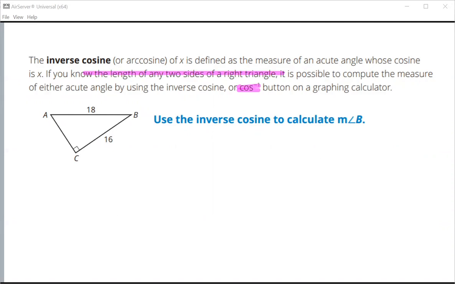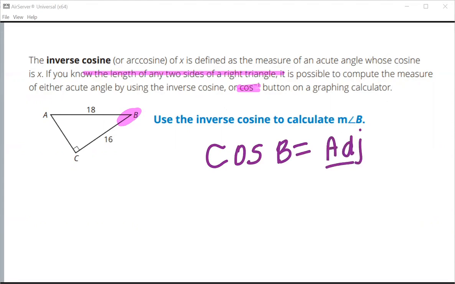We're going to use the inverse cosine to calculate the measure of angle B. So angle B is going to be our reference angle. To find the inverse cosine, we can start off by finding the cosine of the measure of angle B. Remember, cosine is going to be our adjacent over our hypotenuse.